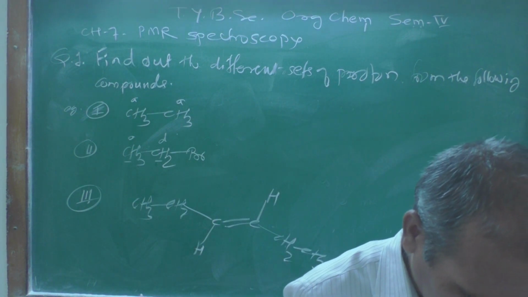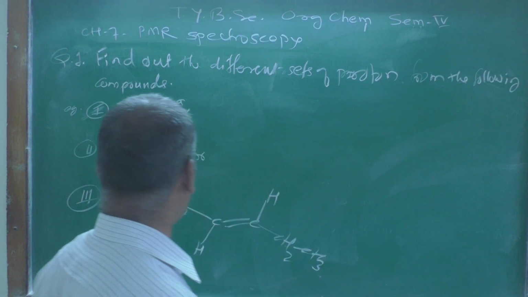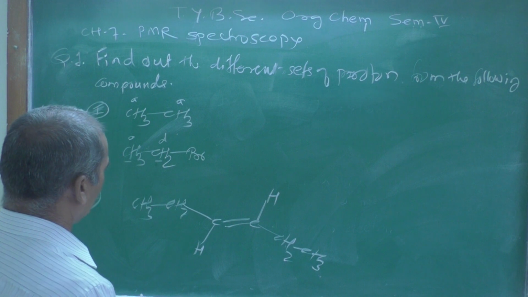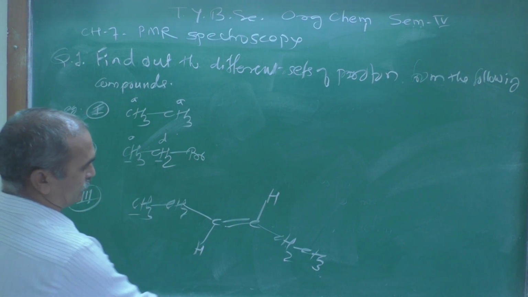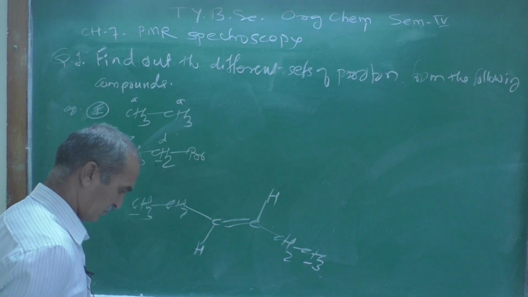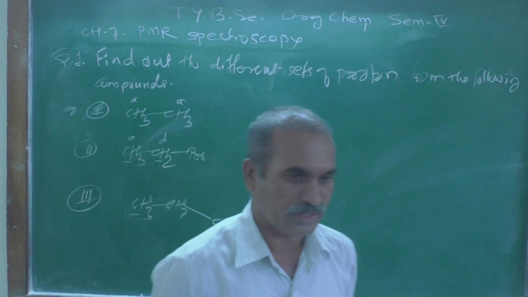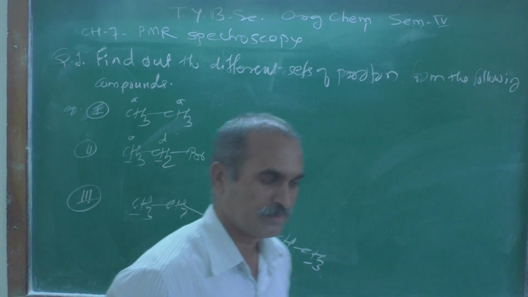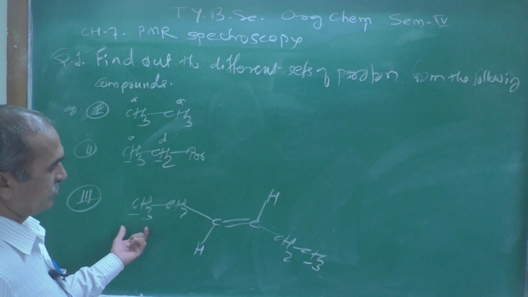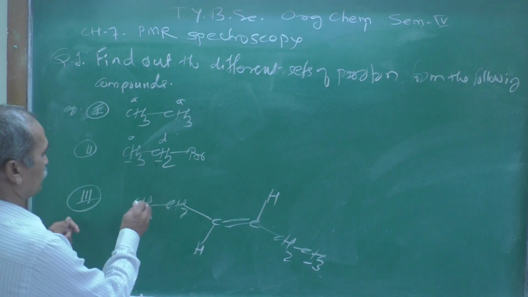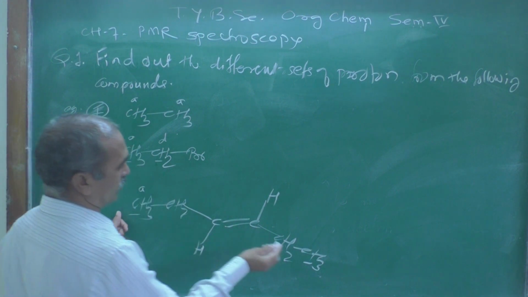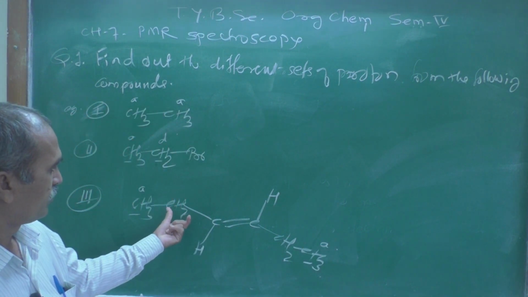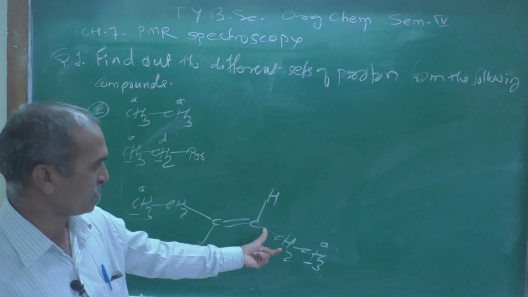Look at here, see clearly, this is the structure, this methyl group and this methyl group. Are these two same or different? Definitely they are same. So you can label it A. Now look at this CH2 and this CH2.